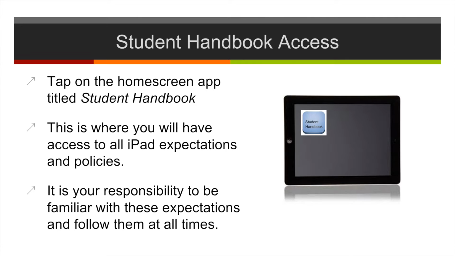This is where you'll have access to all of the stuff that we're going to talk about today, which is your iPad expectations and policies. It is your responsibility to be familiar with these things because you're going to be held accountable for all of them. We expect that you can do that without too much of a problem, and because of that, we expect you to follow those as you're using your iPad.